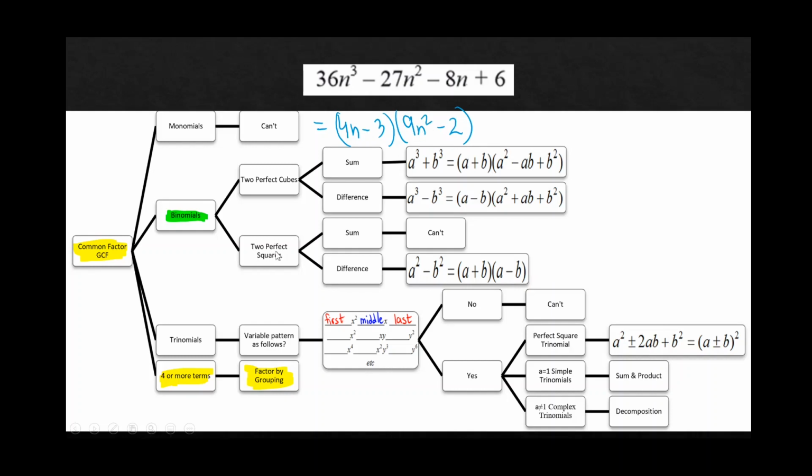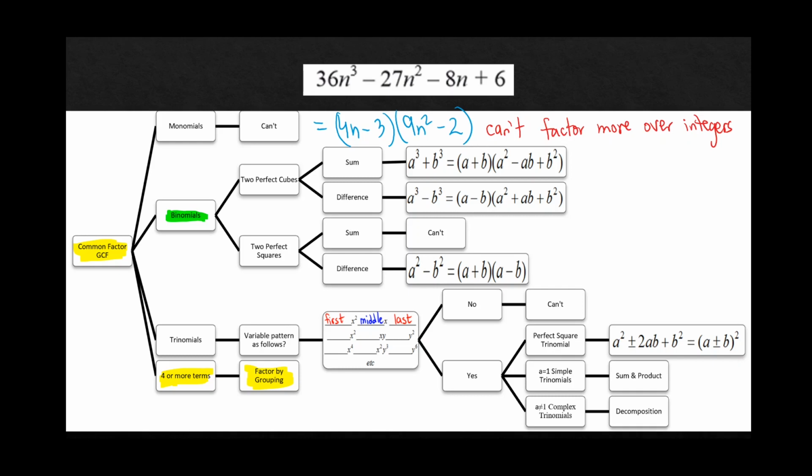So is it two perfect squares? Well, 9n squared is a perfect square term because you could say 3n times 3n is this term. But 2 is not a perfect square number. So if you're trying to factor using only integers, I would say that you cannot factor more at all over integers, but that's not the only type of number that we have seen.